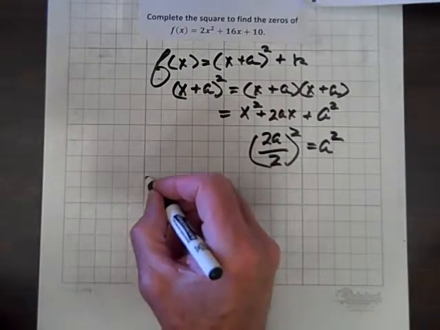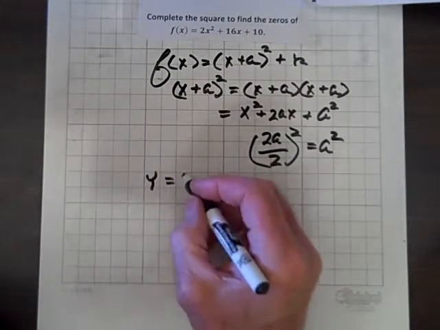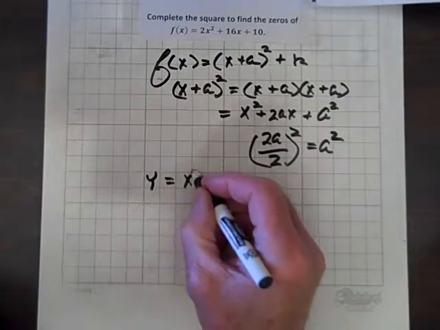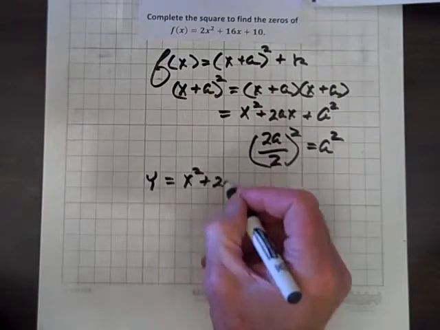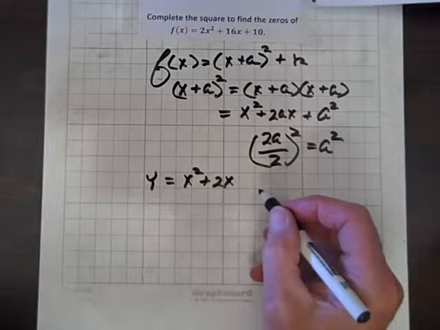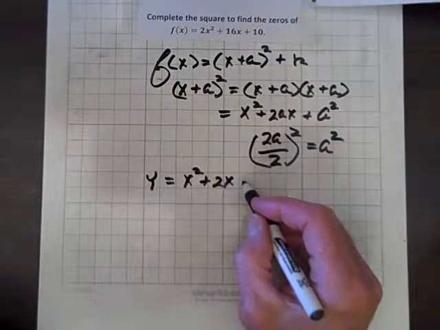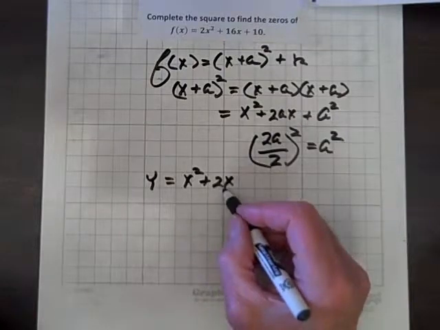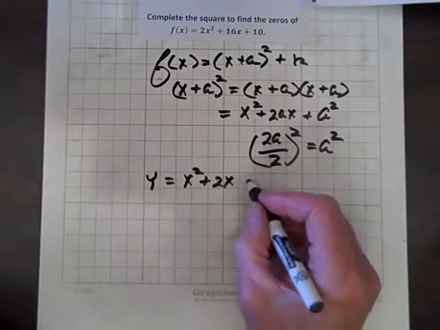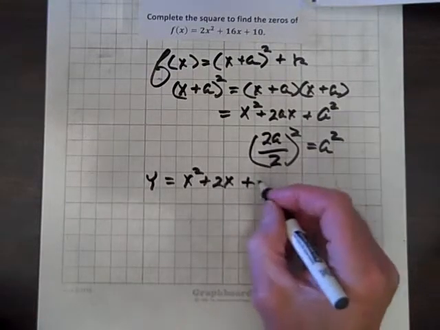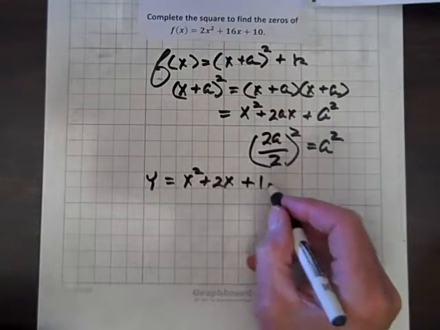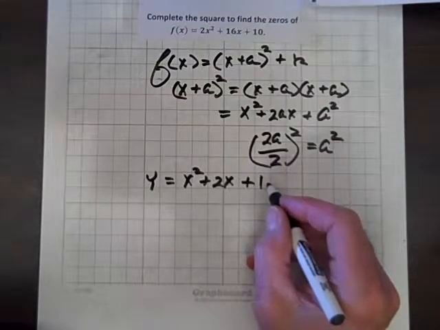Now, consider this, y equals x squared plus 2x. What would we have to add to this to have a perfect square? Well, let's see, half of 2 is 1. If I add 1 here, I'll have a perfect square, but wait a minute, we've got an issue.